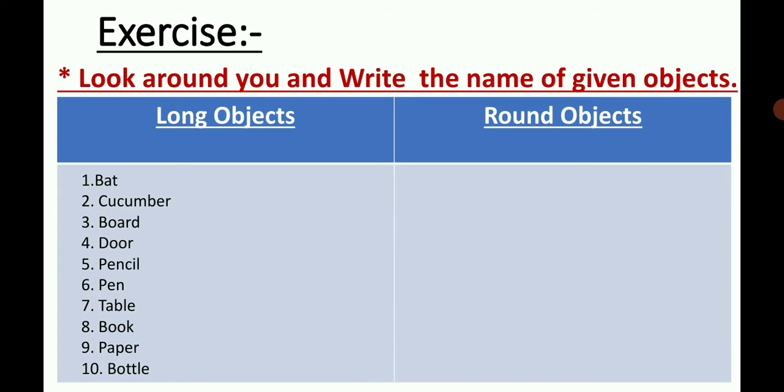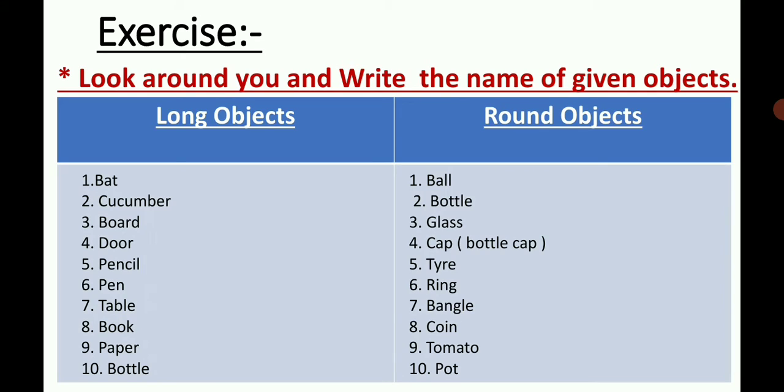These are bat, cucumber, board, door, pencil, pen, table, book, paper, bottle and other things also. Now round objects like ball, bottle, glass, cap, ring, bangle, coin, tomato, pot, etc. There are other objects also which may be in long or round shape.